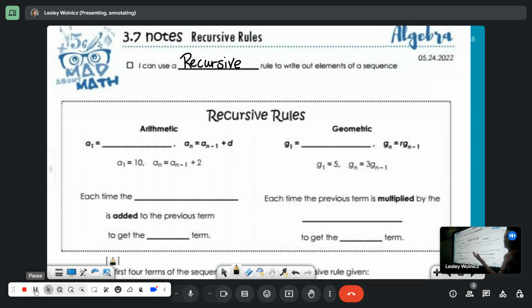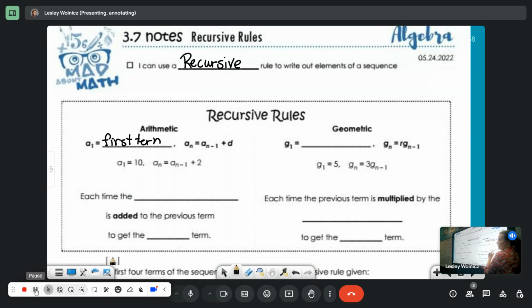Okay, so the way that this is going to look, we're going to have a rule that looks kind of like this. There's going to be an a sub 1 with an equal sign and then a comma. Whatever it says a sub 1 is, that's going to be your first term, which kind of makes sense from what we talked about yesterday.